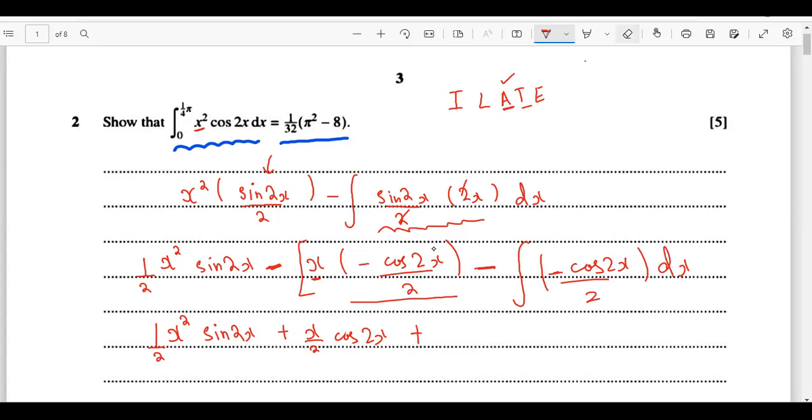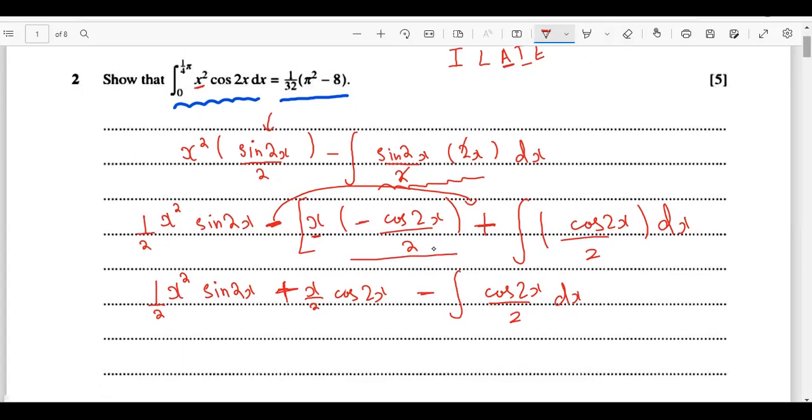I'll do it in the next step. Okay, so minus and minus is plus x by 2 cos 2x. This minus can be cancelled out with this one, and then this minus with this would make it negative integration of cos 2x by 2 with respect to x.